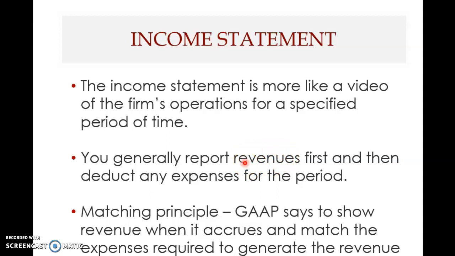Whatever is incoming we call revenue or sales. And then from this sales we deduct expenses for that particular period. So the revenue for the period minus the expenses for the period. That's the general format or structure of the income statement.